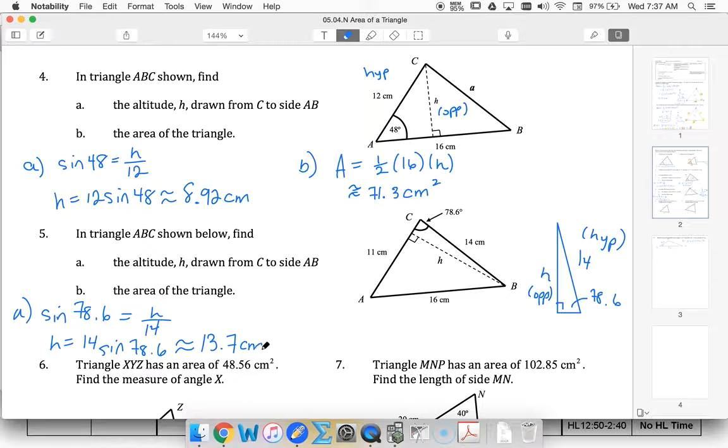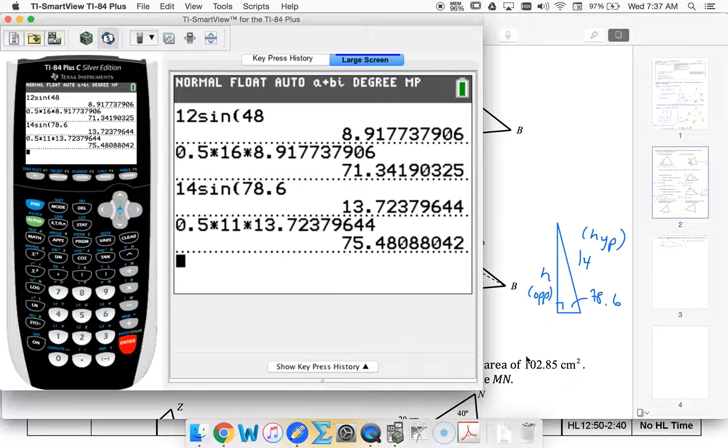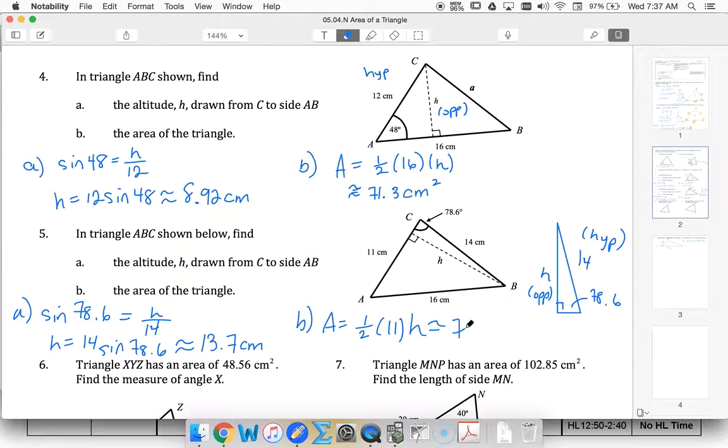And again, I'm not using the rounded value when I actually calculate the area. I'm going to say half. This time my base is 11 because that's what my height is touching. And then the height, and that'll be approximately. So 1/2 times 11 times my full, not rounded value, 75.5 centimeters squared.